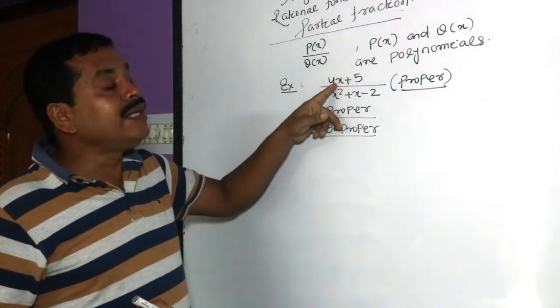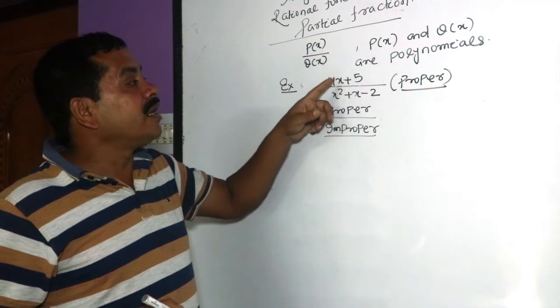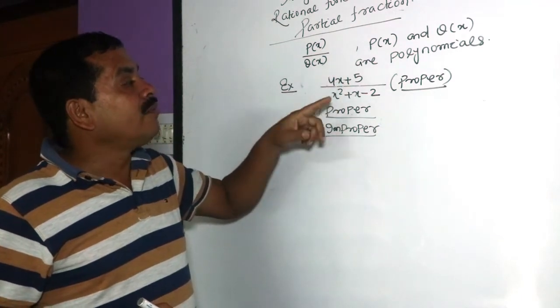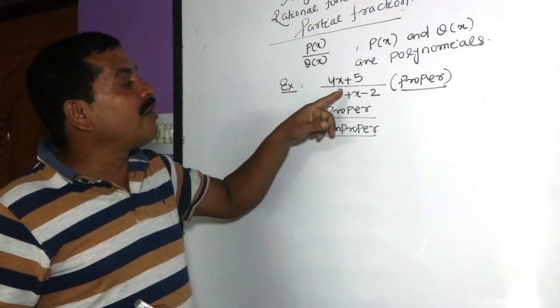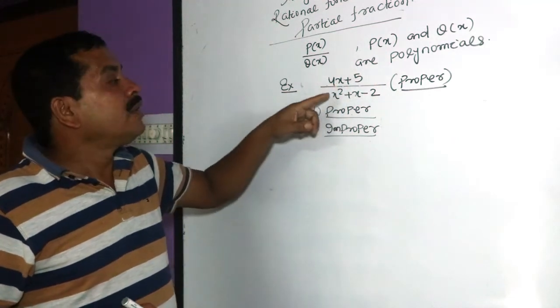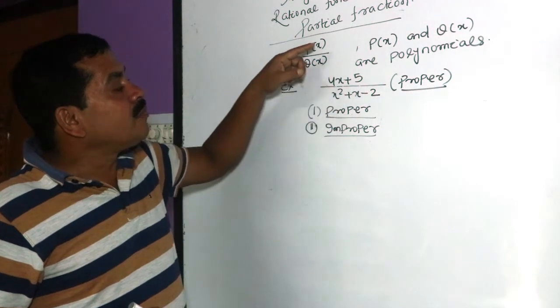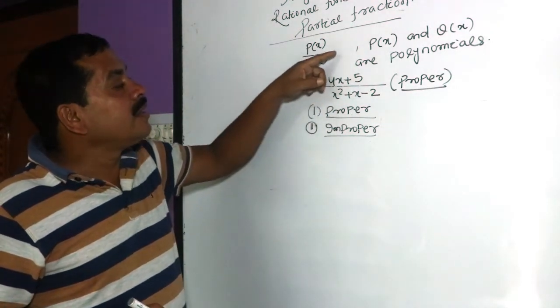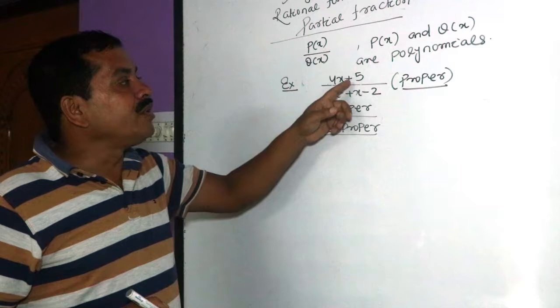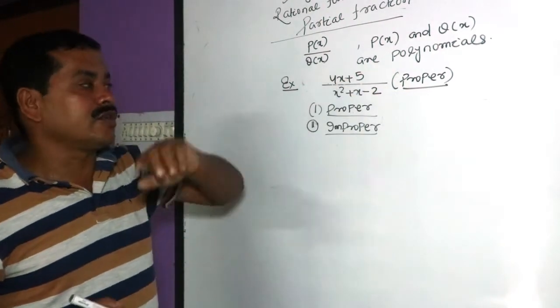Here p(x) is a linear polynomial, meaning the degree is 1, but the denominator is a polynomial of degree 2. So the degree of the polynomial in the denominator is more than that in the numerator.